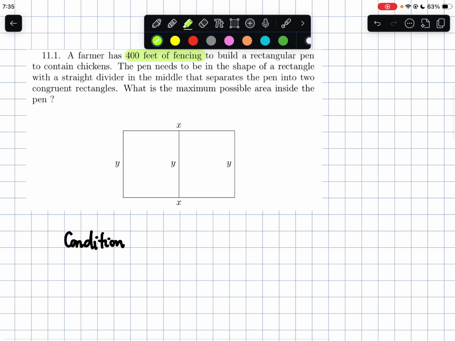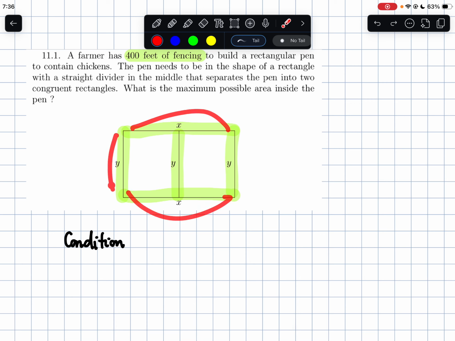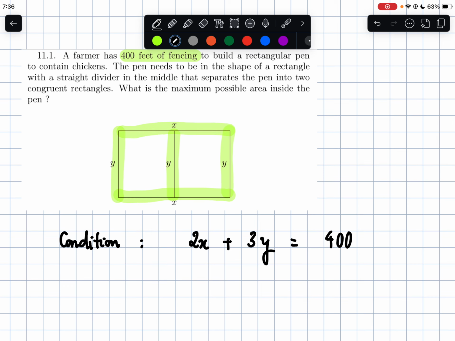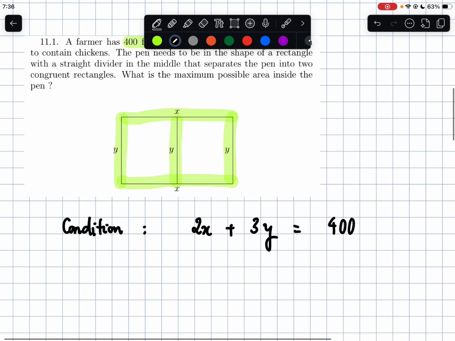So this means that the total length they use here, if you compute the sum, you get 400. So we have x plus y, y, y. So this means 2x plus 3y equals 400. What is the maximum possible area inside the pen?